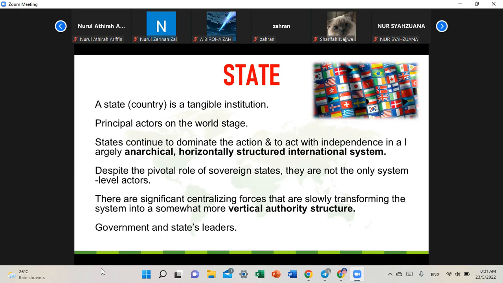Another one is vertical authority. So vertical authority structure, on point number 5. The earlier one was horizontal, whereas the vertical refers to how the states gradually are separated into different categories and status quo in the system, forming an international hierarchy.